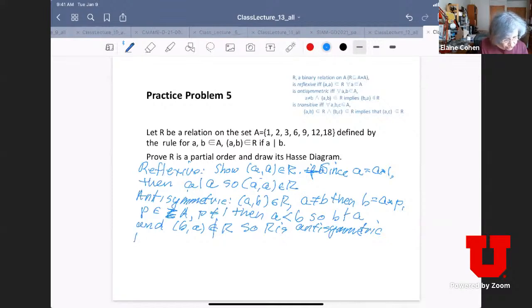Finally, transitive. So in this case, we have (A, B) and (B, C) in the relation.